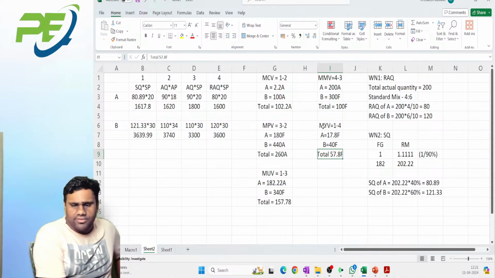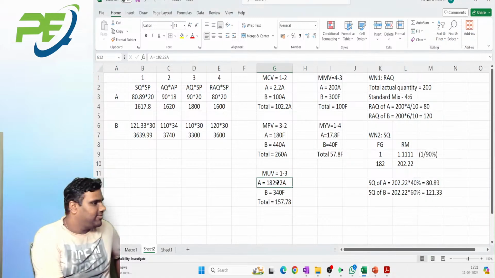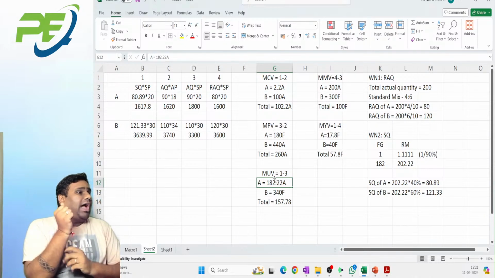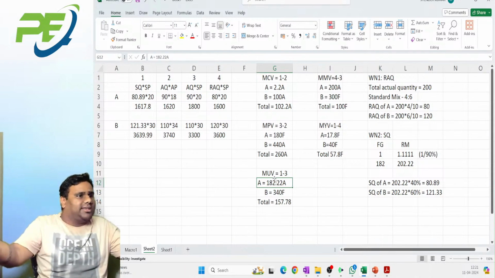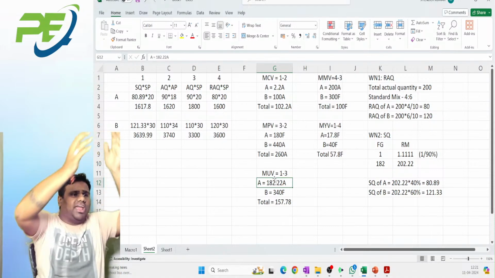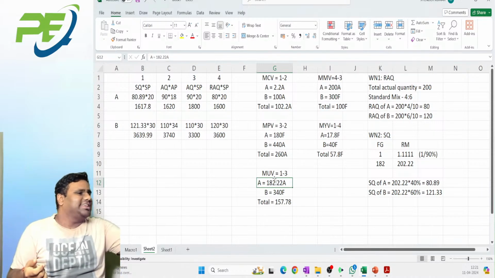If you net it off, you get 182.2, because from usage we get mix and yield. If you add price and usage you will get cost variance, and if you add mix and yield you will get usage variance. Everyone, look at the chart I gave.